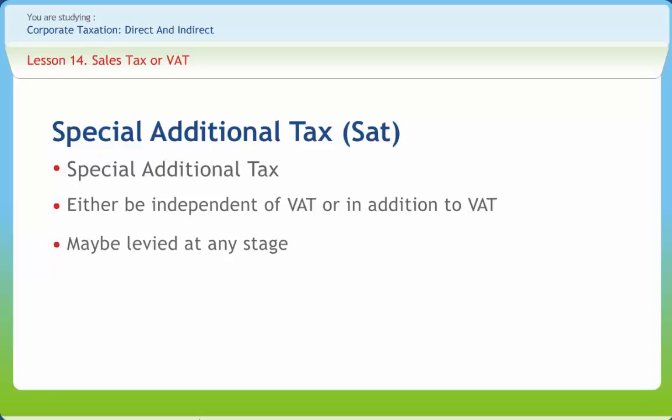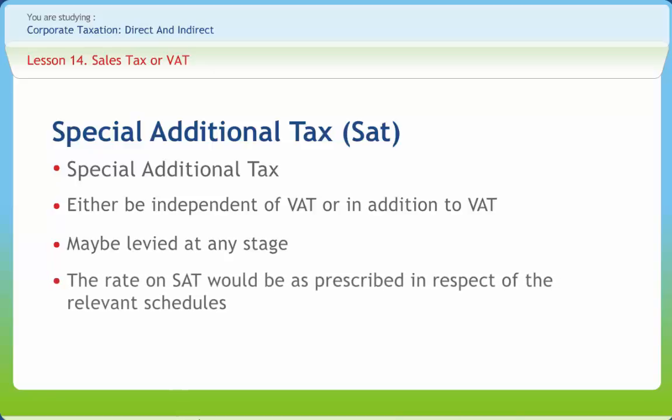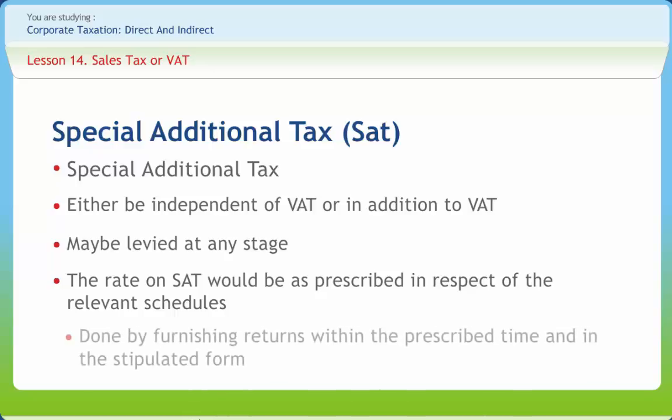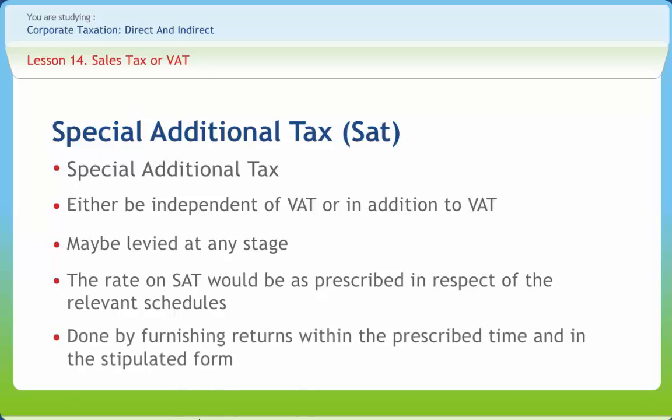The SAT will be levied on the sale of prescribed goods such as liquor, petrol, aviation turbine fuel, diesel, raw opium, tendu leaves, natural gas, etc. The rate of SAT would be levied as prescribed in respect of the relevant schedules or notifications. SAT will be payable along with the ordinary sales tax that is payable under the Act.